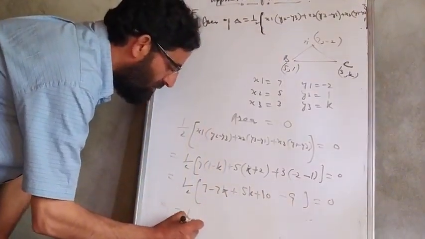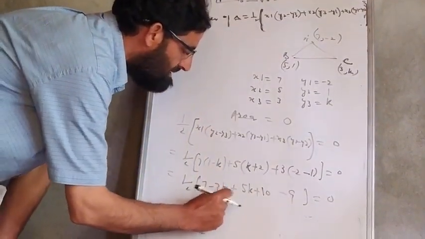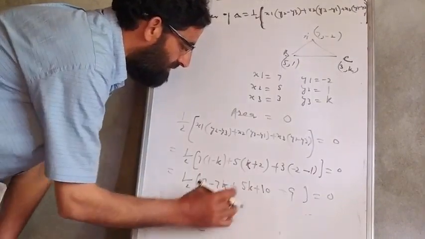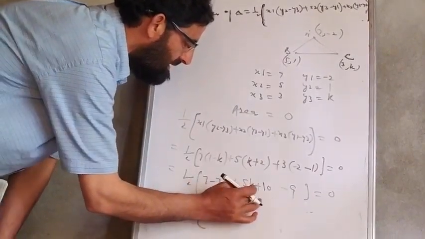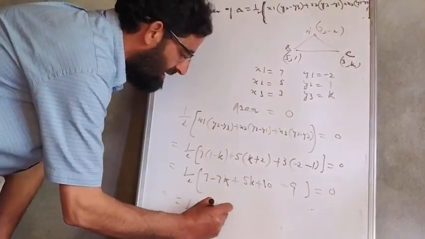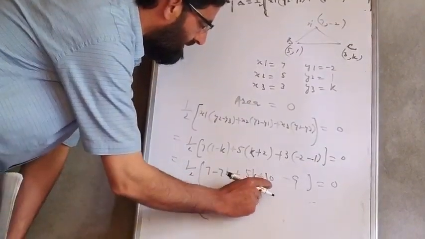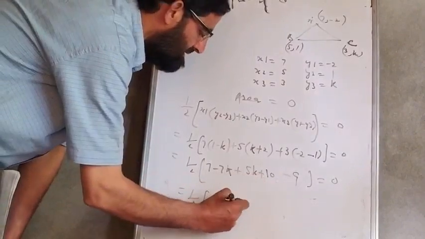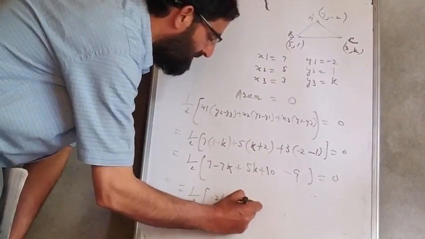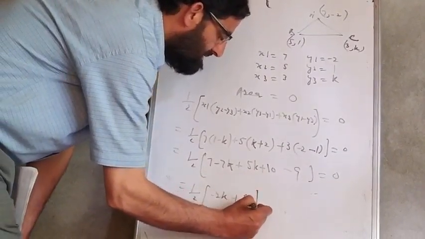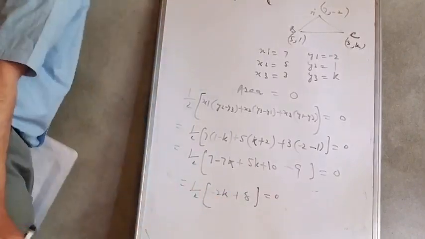So 1 by 2, from 7k we will subtract this. From 7k we subtract 5k, minus 2k is left. 7, 10, 17 minus 9, that's 8 plus 8, and this is equivalent to 0.